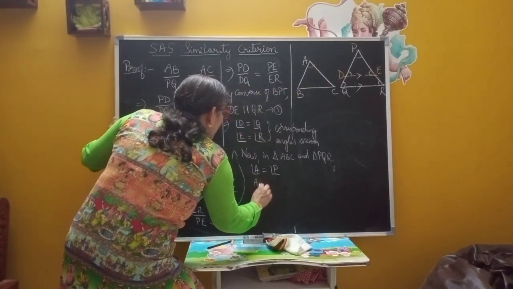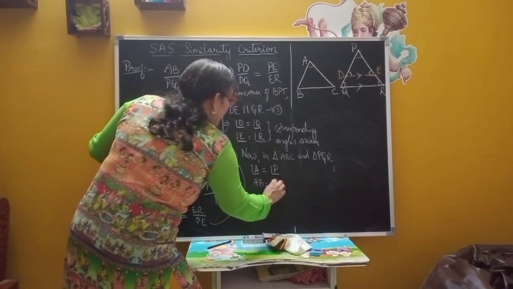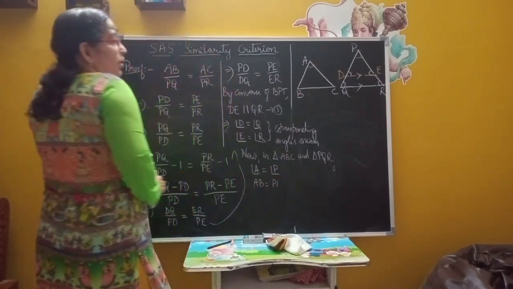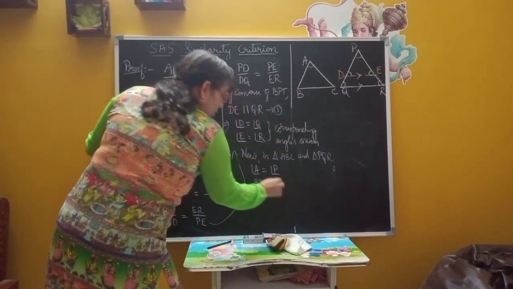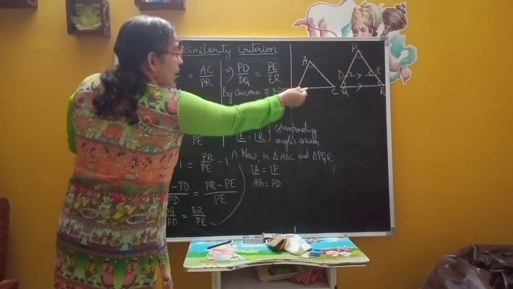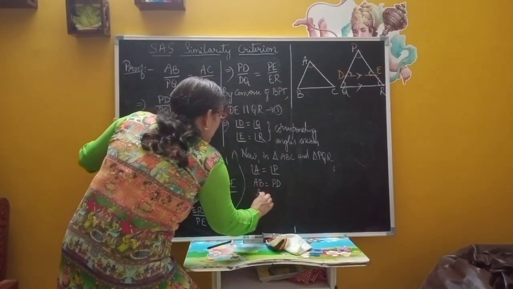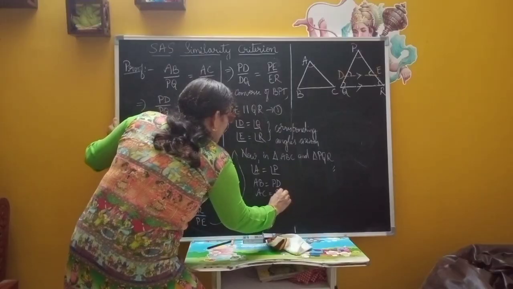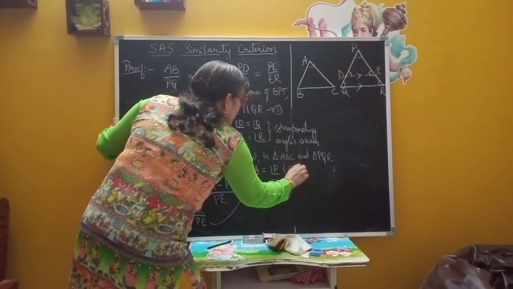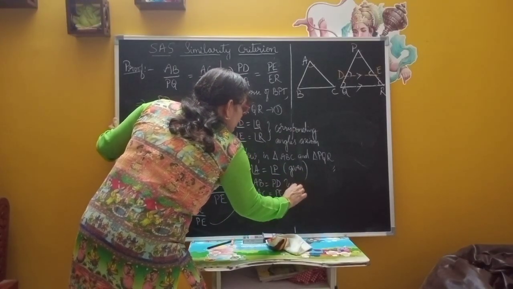So AB is equal to PD, because this is by construction. Next, AC is equal to PE. This is given. This is by construction.